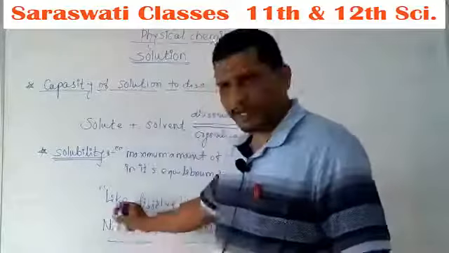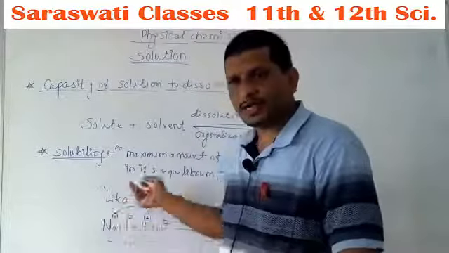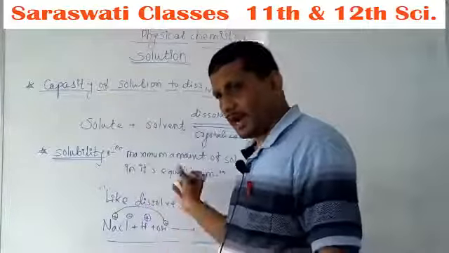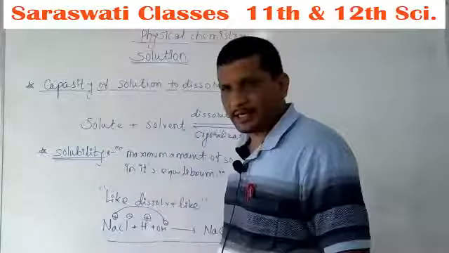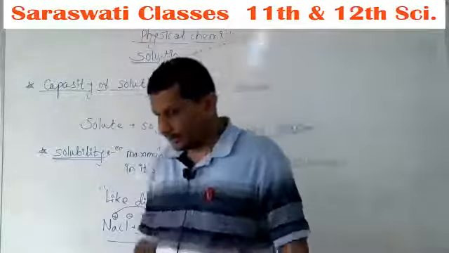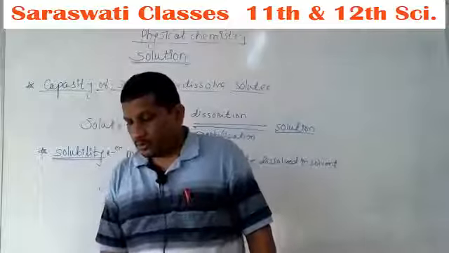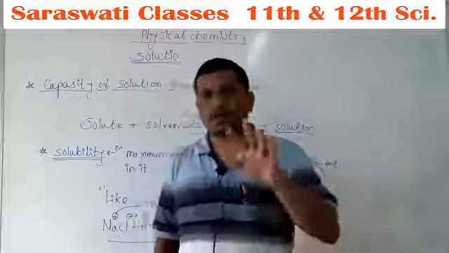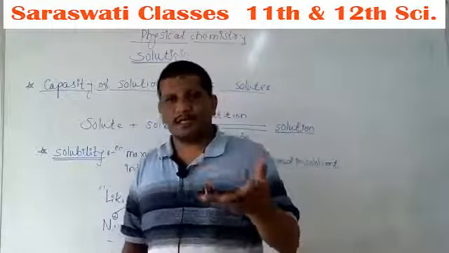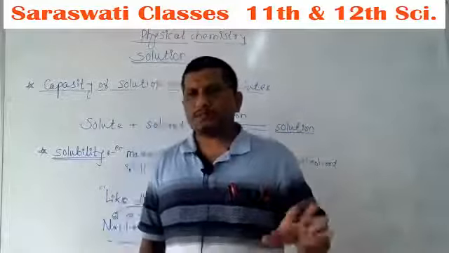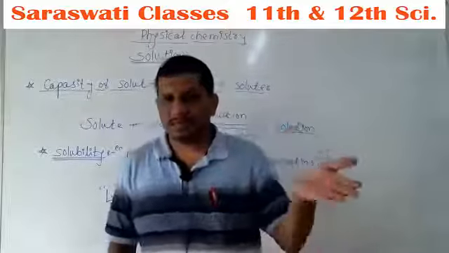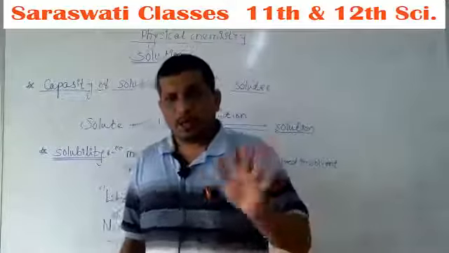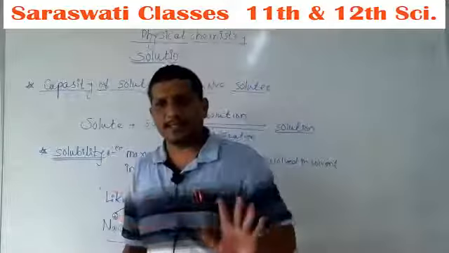The polar charges react with the polar solvent ions, and solubility takes place. We already discussed why naphthalene dissolves in benzene but not in water: naphthalene is non-polar. A non-polar substance cannot dissolve in a polar solvent like water, but it can dissolve in a non-polar solvent like benzene.